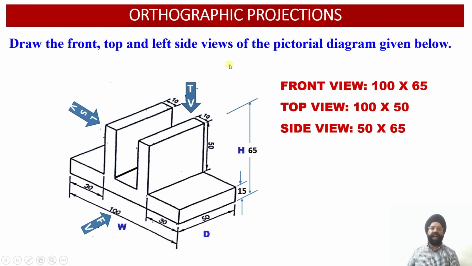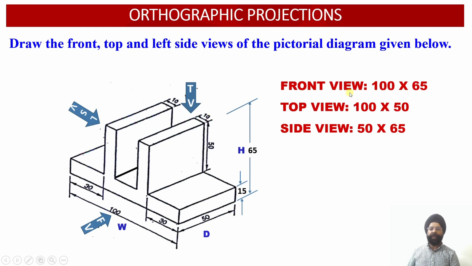In order to start with the construction of the orthographic projections, we need to work out the dimensions of the front view, top view and the side view of this particular solid. From the front view, we are going to see the width of the solid, which is equal to 100 millimeter, and besides the width, the height of the solid, that is 65 millimeter, will be available.